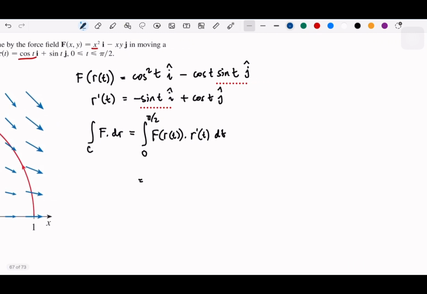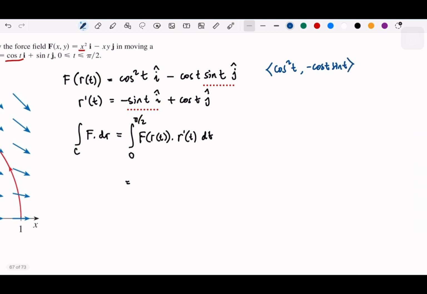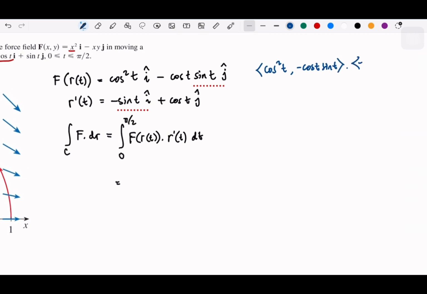The dot product, if you don't remember, you have, let's say, a vector. You can write like this. So you have negative cosine squared t, sine t, right?